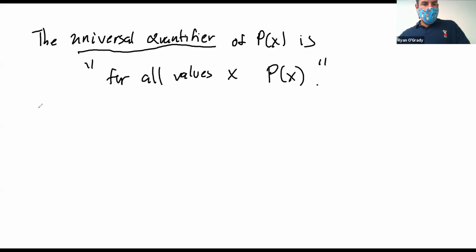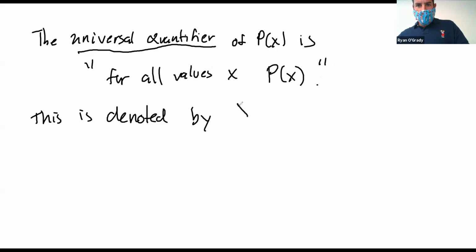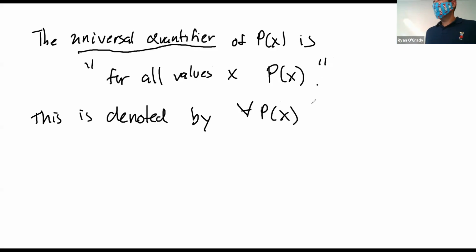This is denoted by an A, but it's sort of upside down. How does this read?